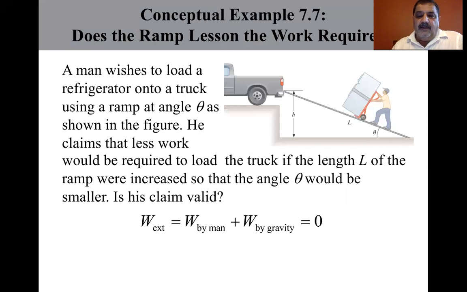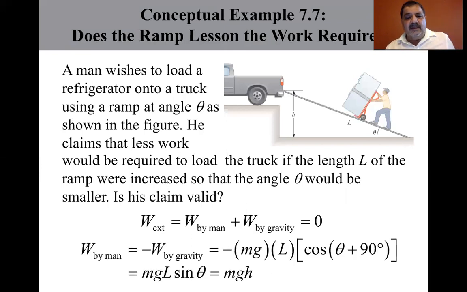Therefore, the work by the man is equal to minus the work of gravity, which equals minus mg L cosine of theta plus 90 degrees, which equals mg L sine theta, which equals mgh. L sine theta is the height of the ramp of the truck.